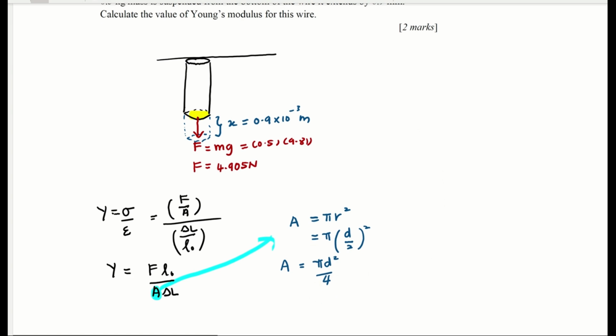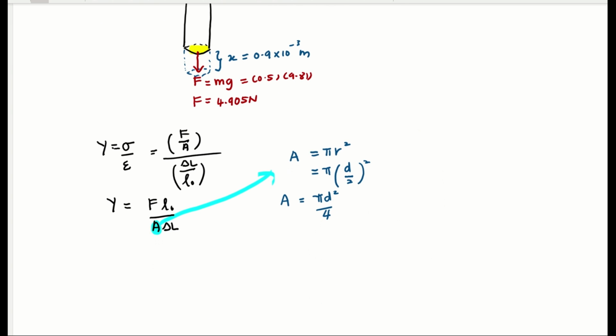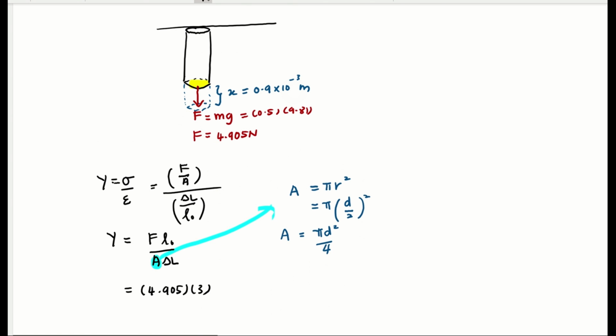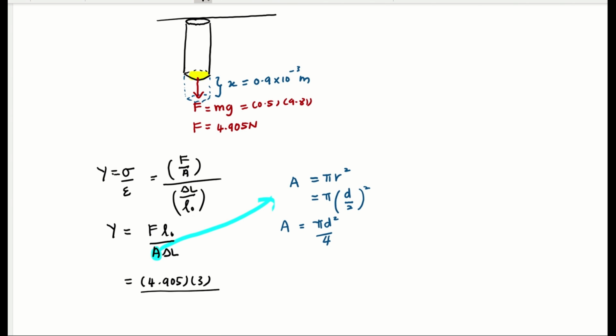Jadi sekarang bila kita nak kira Young modulus, we can substitute the value here, where Y is equal to F tadi kita dah kira 4.905, and then L naught is 3 meter, over the cross-sectional area which is pi d squared over 4, the diameter is 0.4 millimeter.